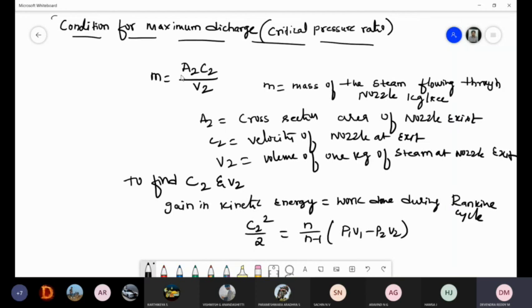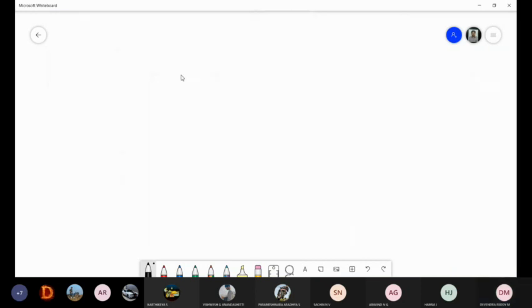These are the two equations. This is the equation we got: C2 square by 2 equals n divided by n minus 1 P1 V1 minus P2 V2.